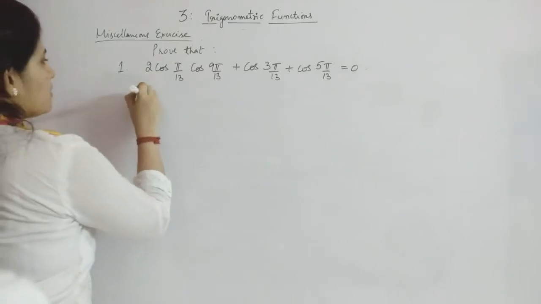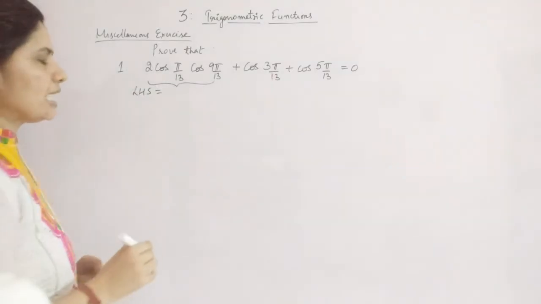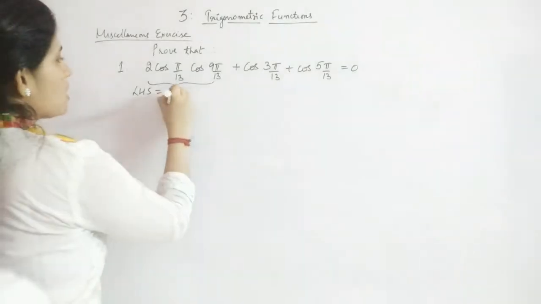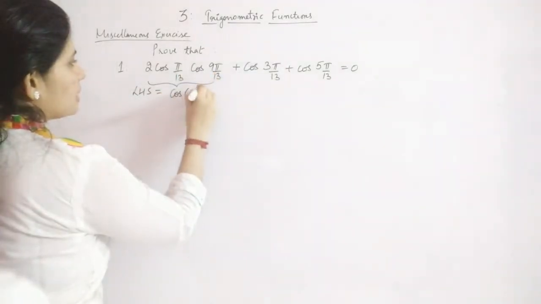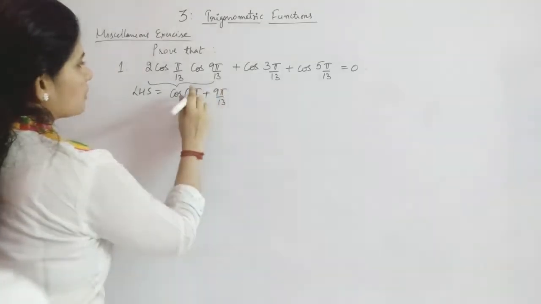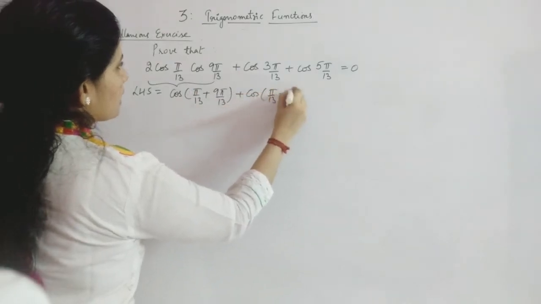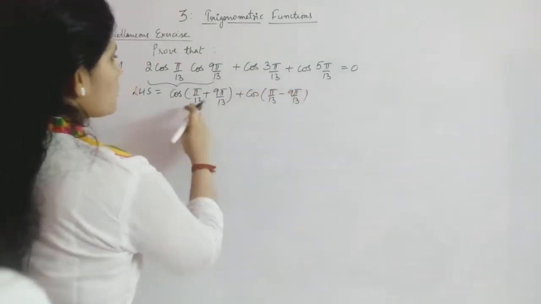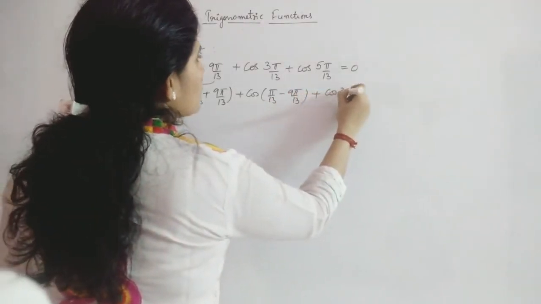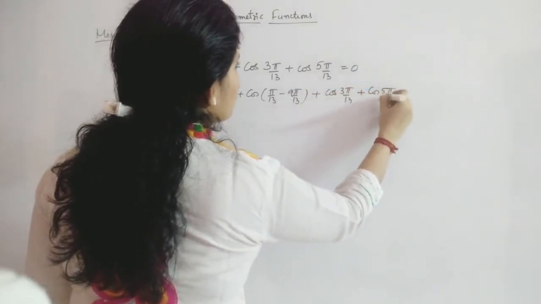So from the left hand side we will start, and this is in the form 2 cos A cos B. So that can be written as cos of A plus B plus cos of A minus B. So we will get cos of pi by 13 plus 9 pi by 13 plus cos of pi by 13 minus 9 pi by 13. Remaining we are writing as such, that is cos of 3 pi by 13 plus cos 5 pi by 13.